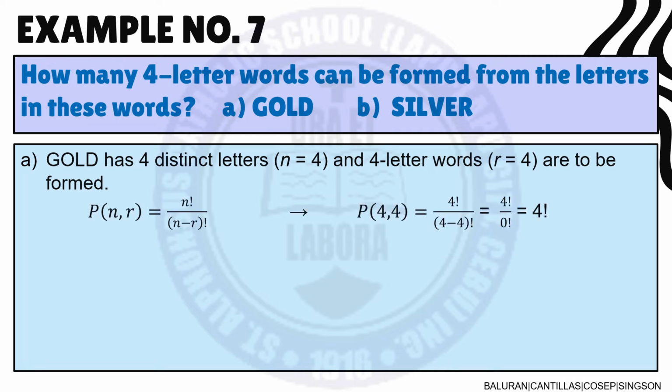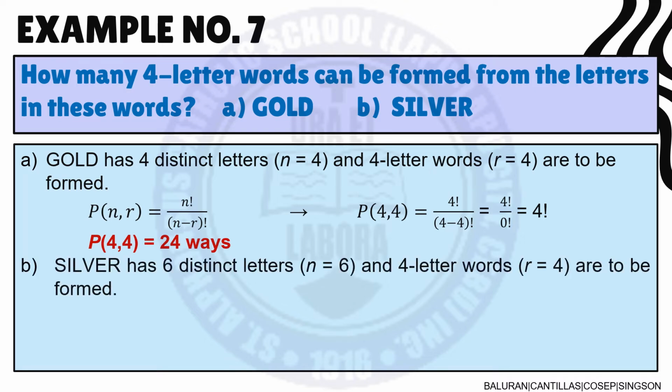Using our formula, we have 4 factorial divided by the quantity 4 minus 4 factorial, which is equal to 4 factorial over 0 factorial. Again, by definition, 0 factorial is simply equal to 1. Thus, 4 factorial is equal to 24 ways.